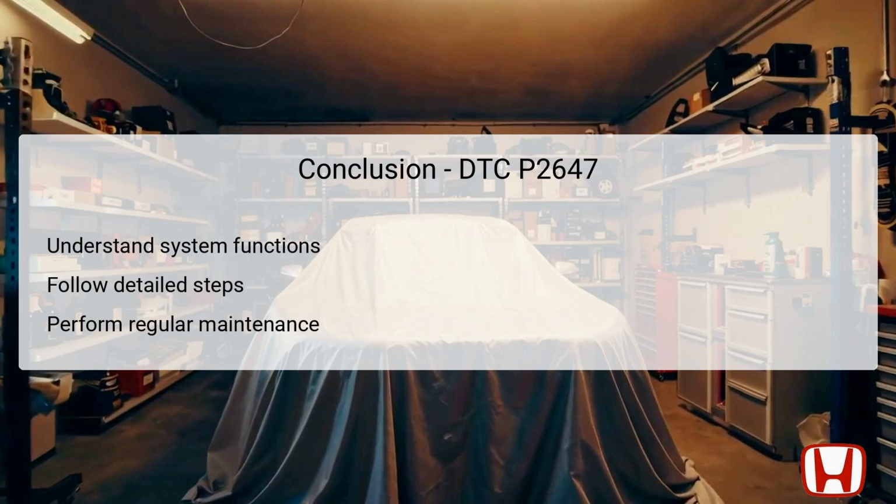Immediate attention to any noted symptoms will also ensure that minor issues do not escalate into more severe problems. Regular maintenance and inspections will mitigate the risk of future occurrences and keep the vehicle running at optimal performance levels. By following this guide, you can confidently diagnose and address issues related to DTC P2647 in your Honda Pilot.